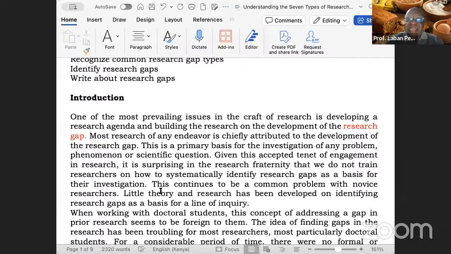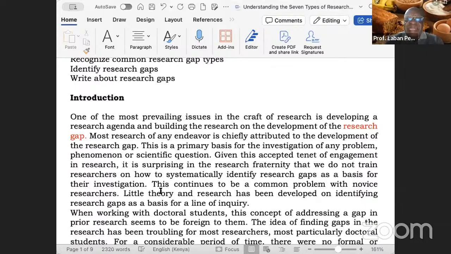So given this accepted tenet of engagement in research, it is surprising in the research fraternity that we do not train researchers on how to systematically identify research gaps as a basis for their investigation. So when we tell our students, go and read the literature review, what are you telling them?